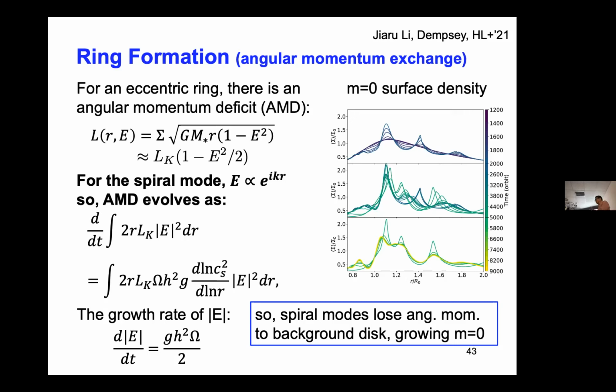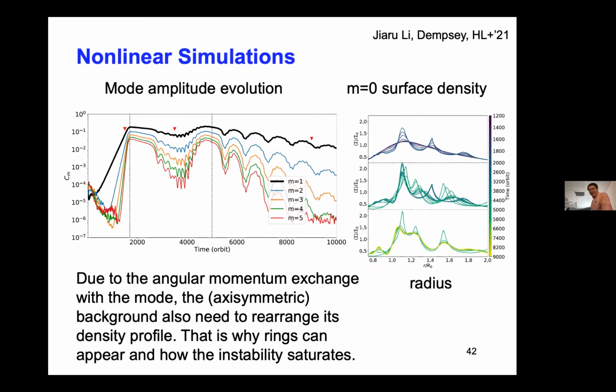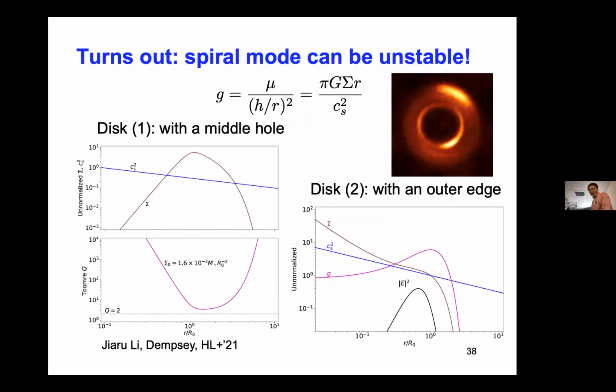This is what I found amazing: because of this innocent-looking bump at some larger radius, it traps the elliptical modes and particularly spiral modes under certain conditions.